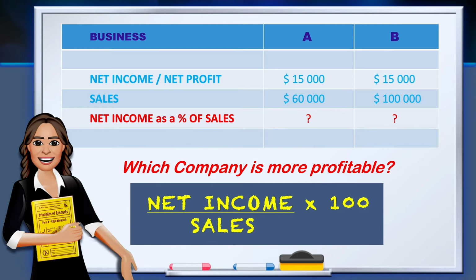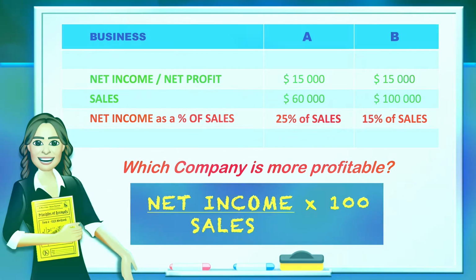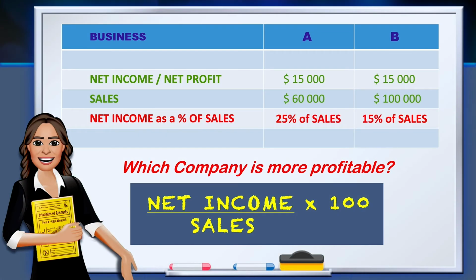So we are going to calculate the net income as a percentage of sales, and you would see that when we calculated for business A, 15,000 over 60,000 by 100 gave you 25%, and business B, when you had 15,000 over 100,000, that had 15%.